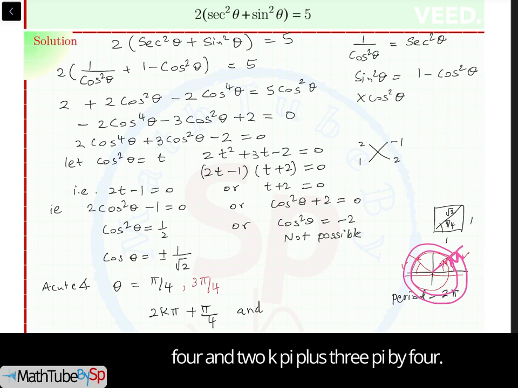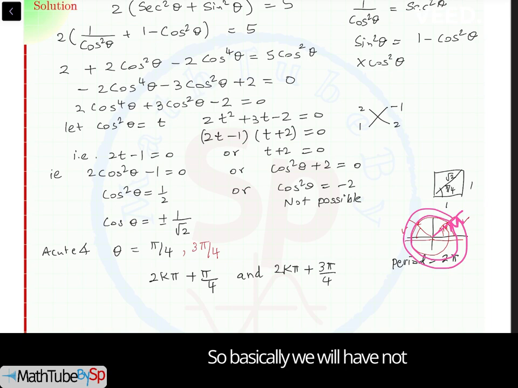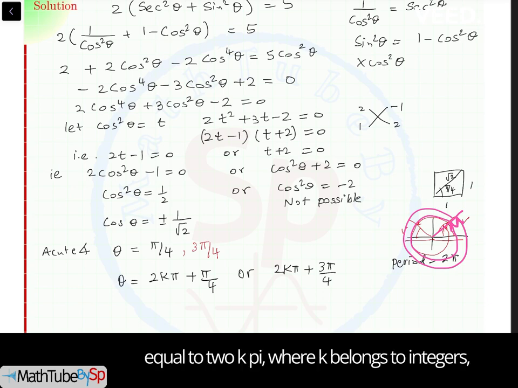plus pi by 4 and 2k pi plus 3 pi by 4. So all these will give me the solutions for theta, 2k pi where k belongs to integers.